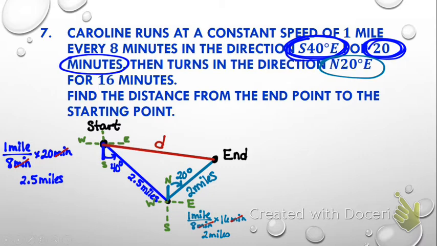I need that bottom angle. I have part of this angle. I've got that 20 degrees there. How big is this part right here? Because if I know how big this part is, then I know how big the whole thing is. This whole thing right here is 90?